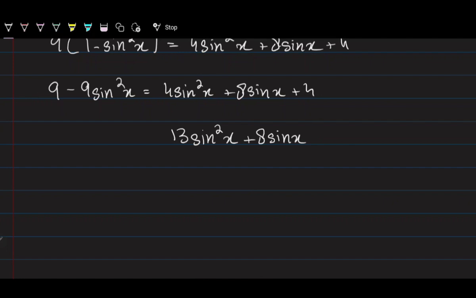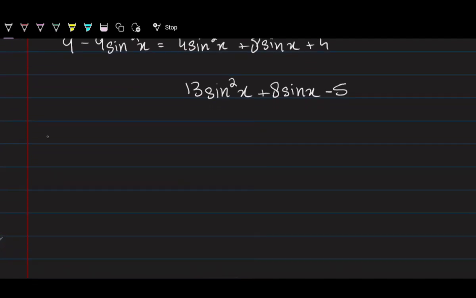This positive 9 becomes minus 9 when it goes to the right hand side. So minus 9 plus 4 is minus 5. Okay, so let me write this down again. So 13 sine square x plus 8 sine x minus 5 is equal to 0.